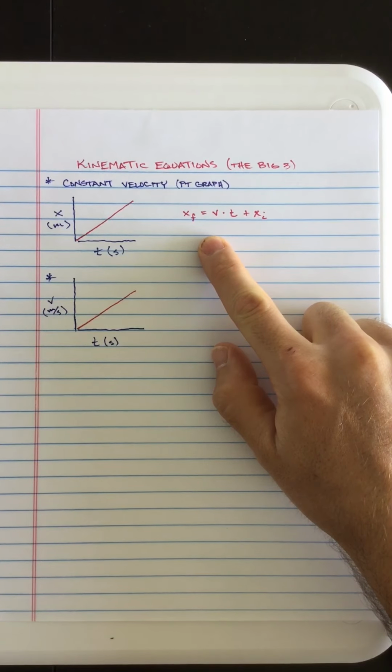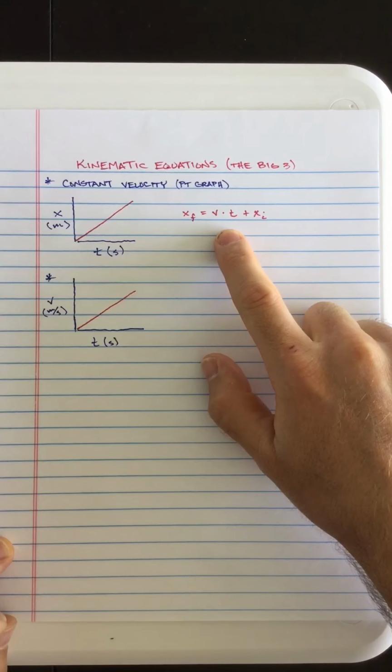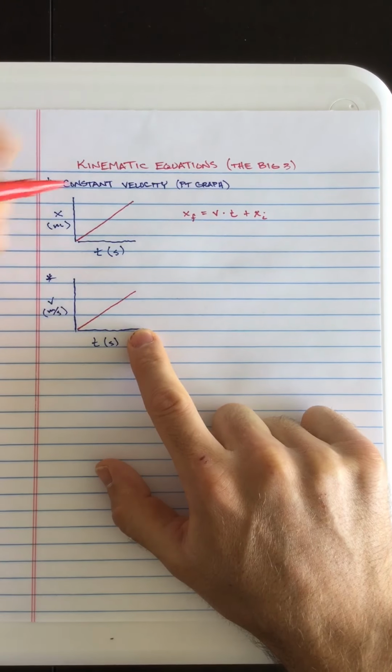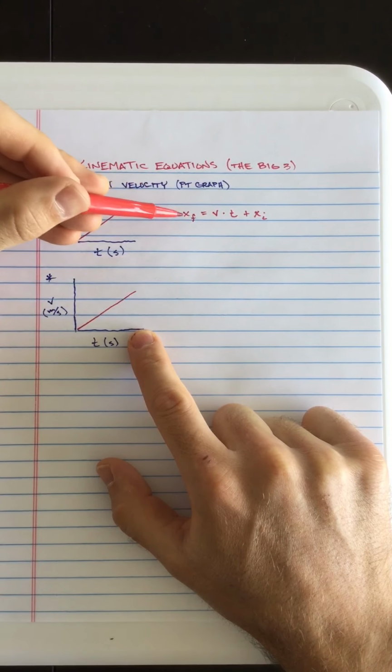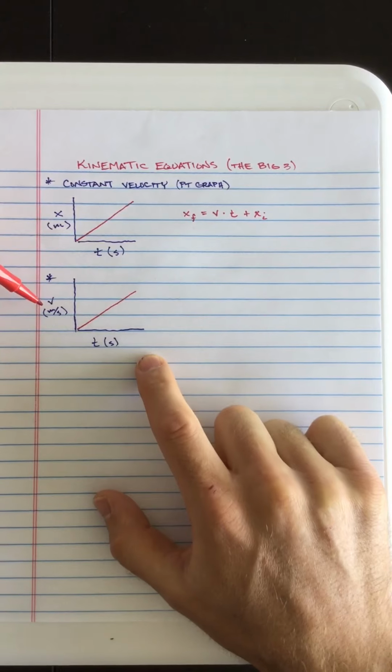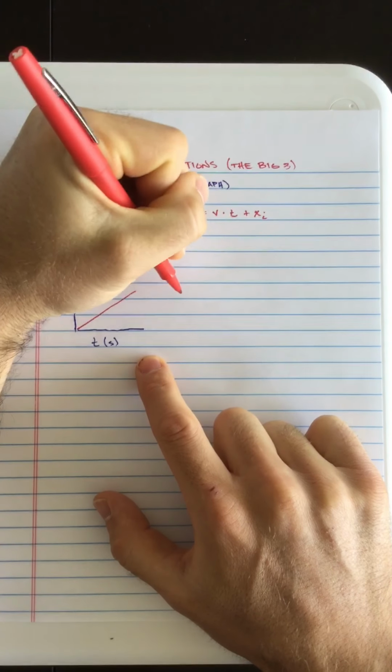So the first kinematic equation of the big three is actually going to be doing the y-intercept formula just with the velocity versus time graph. If you think about it, I have position on my y-axis for this, and now I have velocity on my y-axis for this graph.